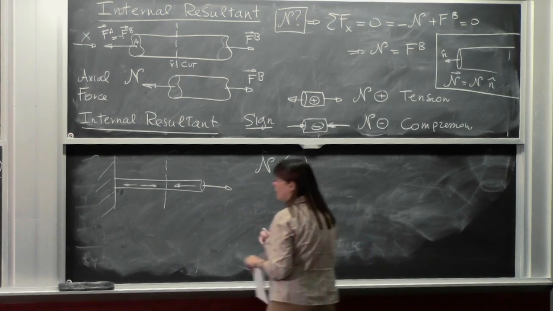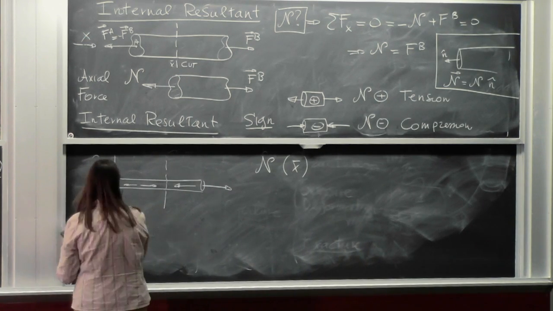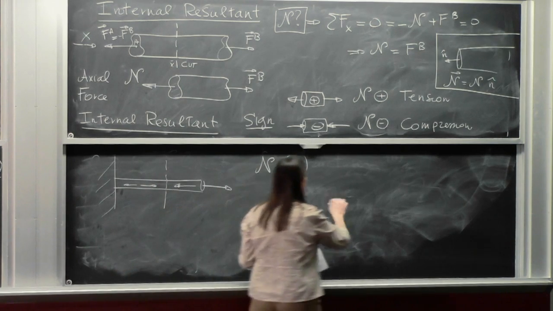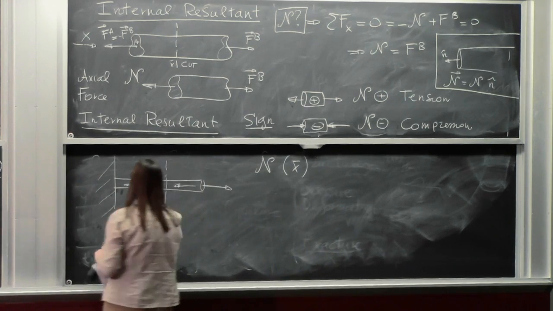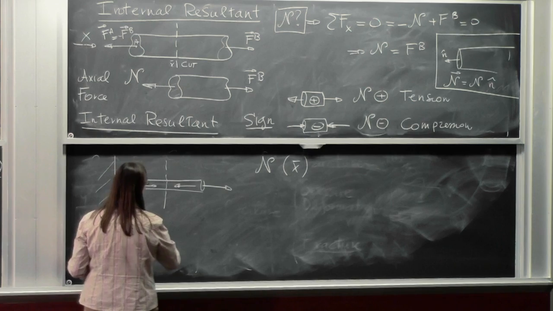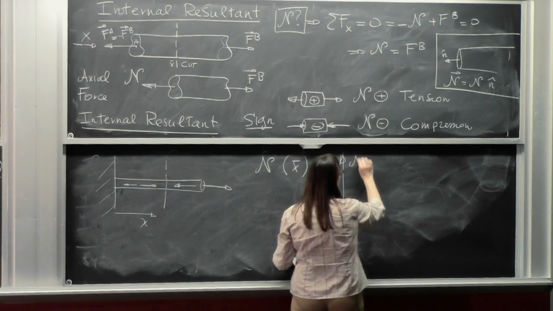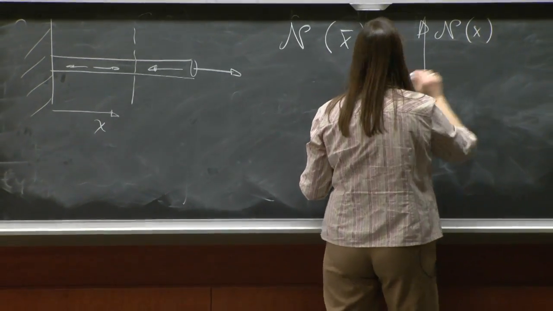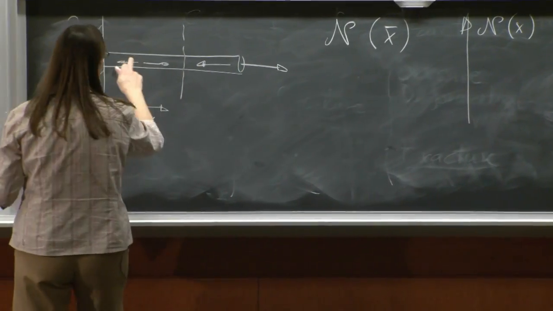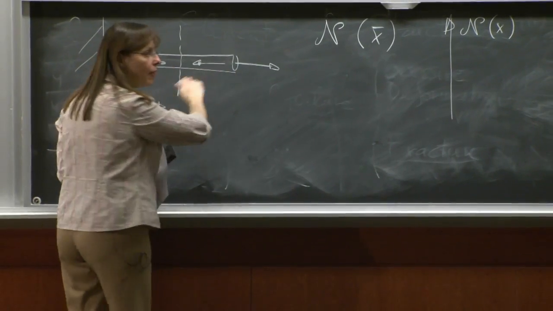So let's move on to the next part. And by the way, if I want n at every location along the bar, so if this is an x-axis, and I want the whole n as a function of x, because you see here n changes as I move along the bar, right?